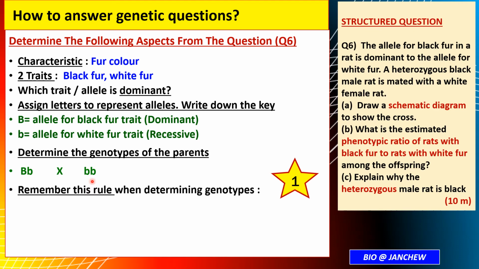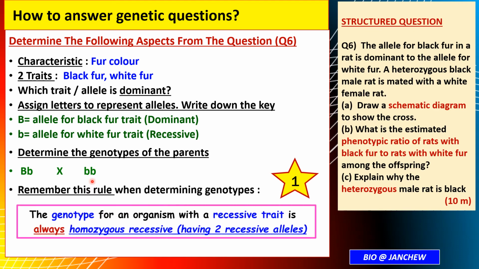So remember this rule when determining genotypes: the genotype of an organism with a recessive trait is always homozygous recessive, having two recessive alleles, like small b for the white rat. Once you determine the genotypes of the parents, you can start drawing your schematic diagram. So remember this golden rule for the genotype of an organism with a recessive trait.